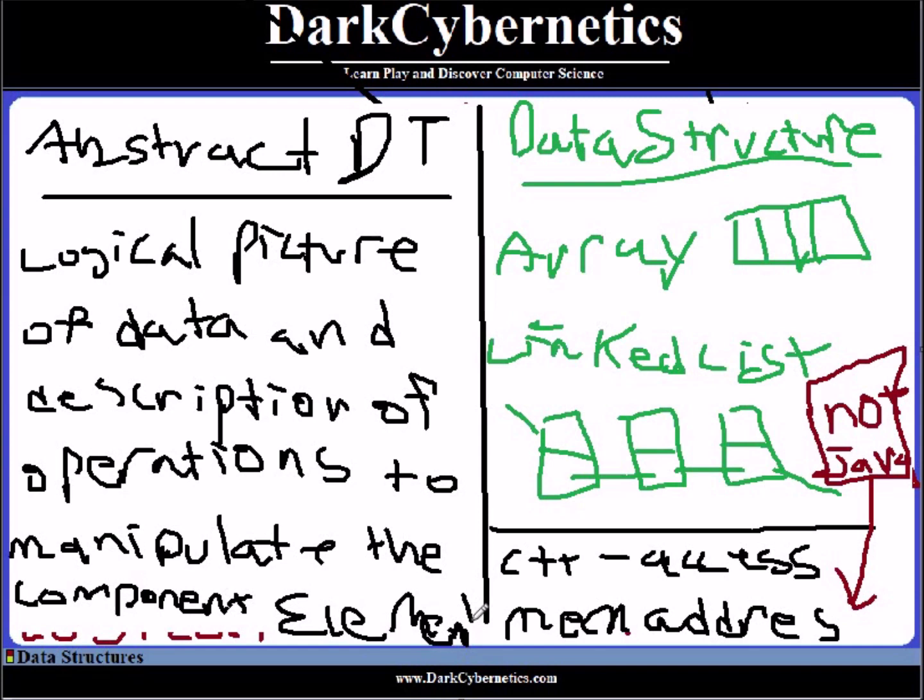So we're saying that in the abstract data type region we can have a logical picture of data and descriptions of operations to manipulate the component elements.